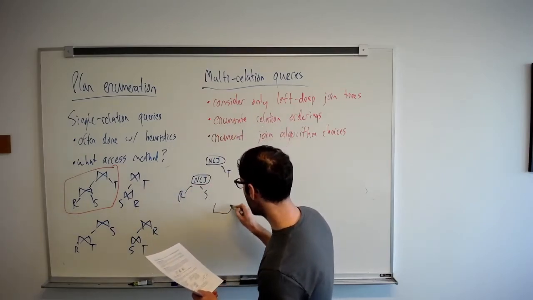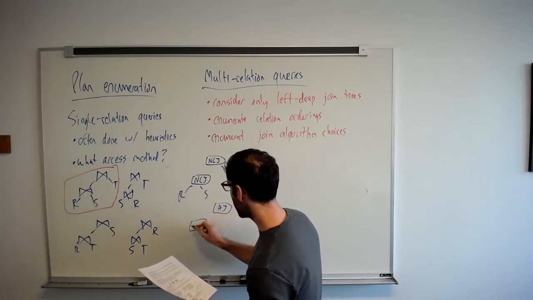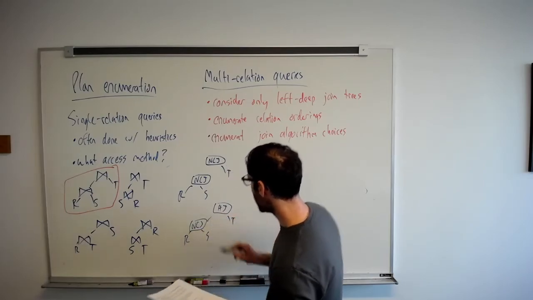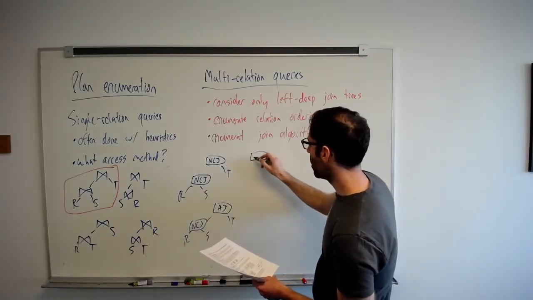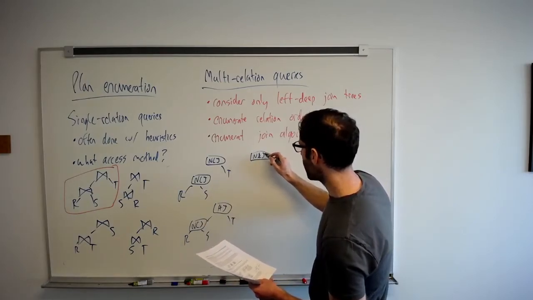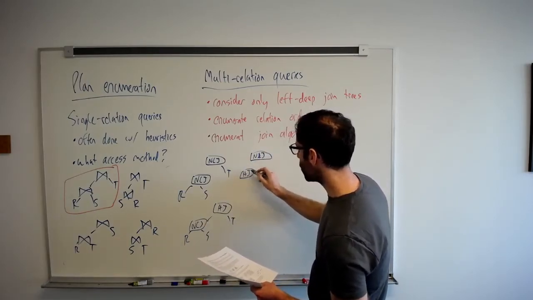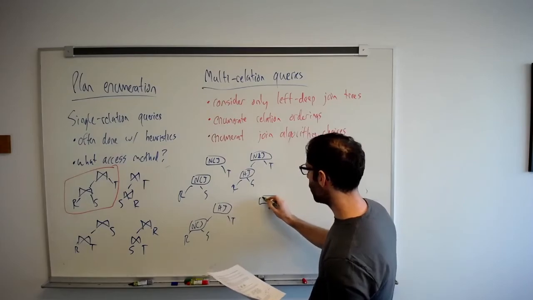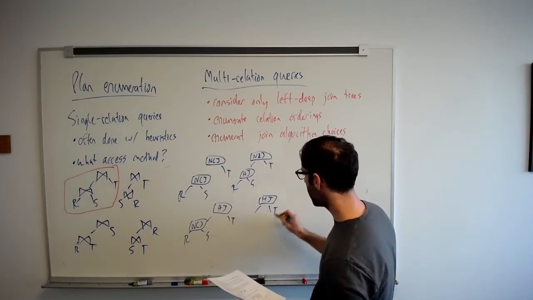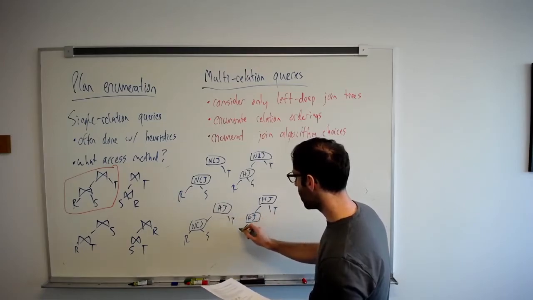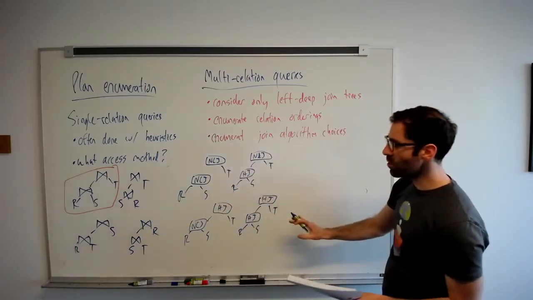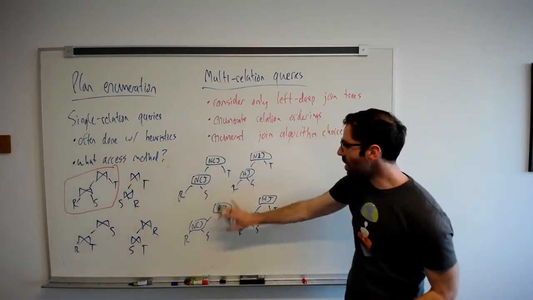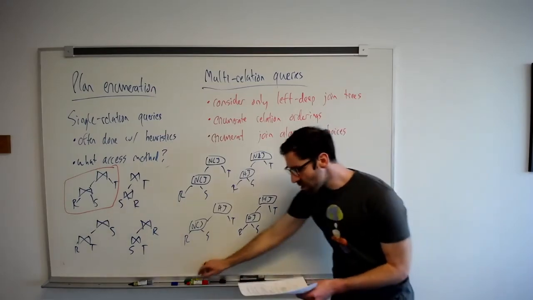We could do a hash join and a nested loop join. We could do a nested loop join and a hash join. We could do both hash joins. And so on and so forth. So for each of these relation orderings, we're then going to generate a plan with different join algorithm choices.